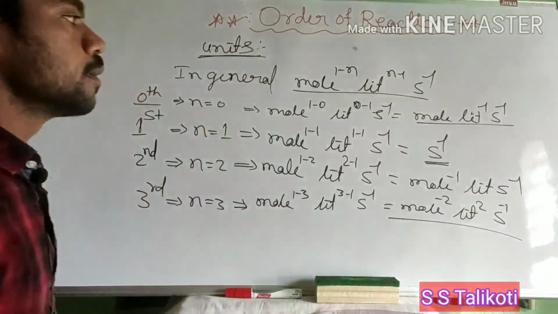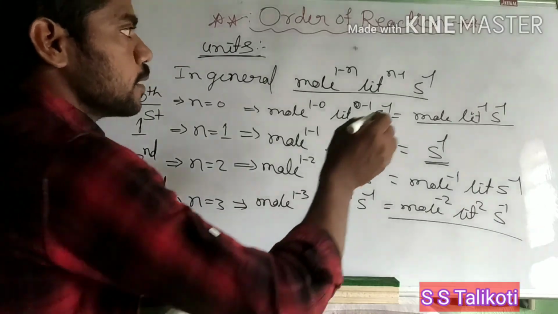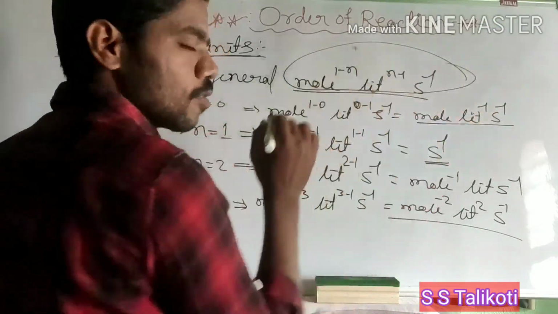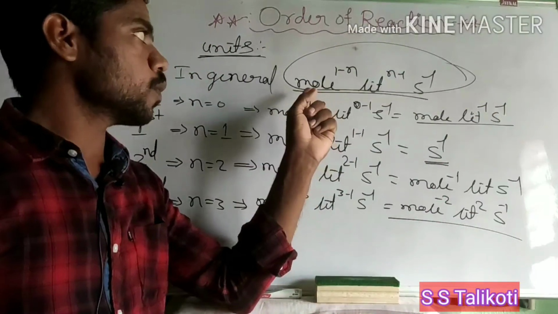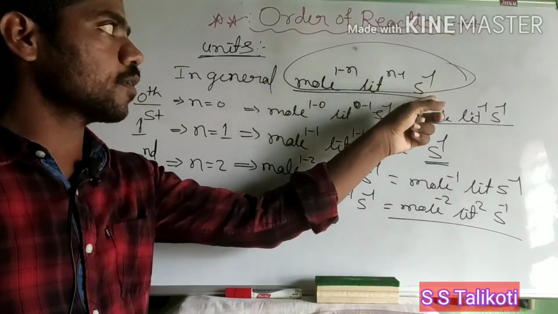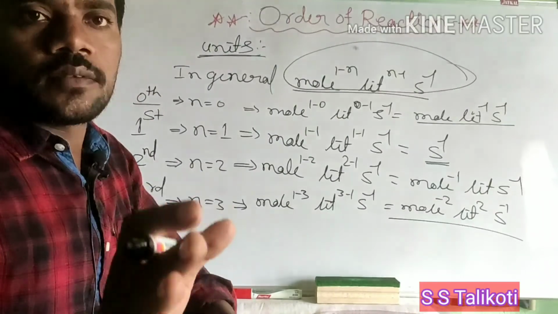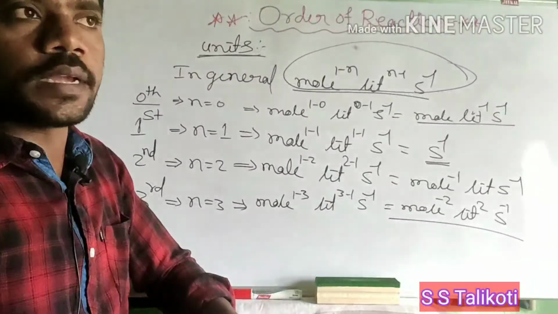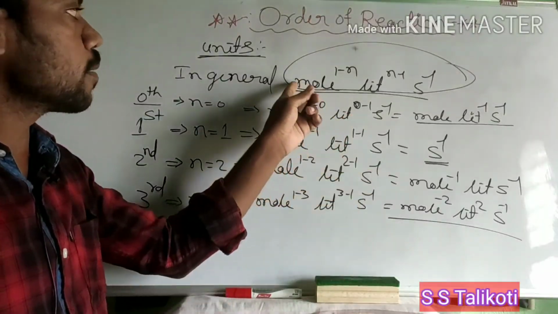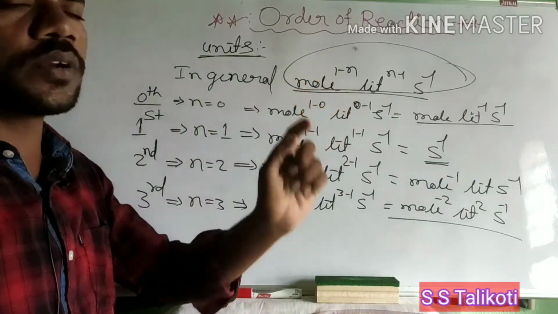This is the simplest general thing, remember it, it is very good. That is why I gave you this: mole 1 minus n, liter n minus 1, per second. You see, in 2018, 2019 and 2020 they asked one question regarding this unit only.